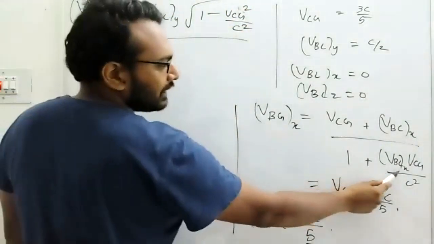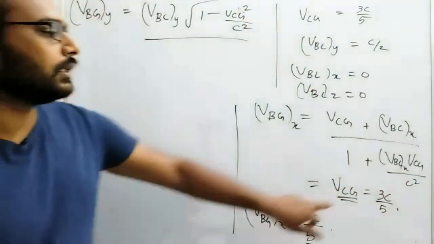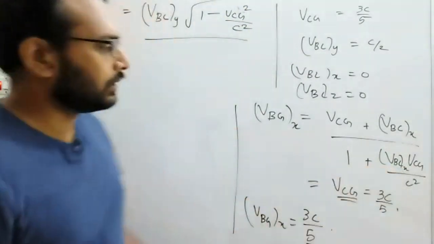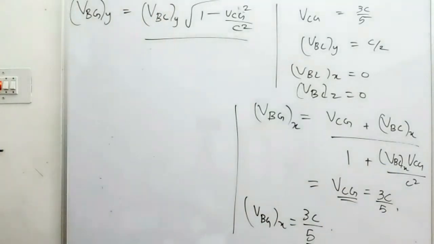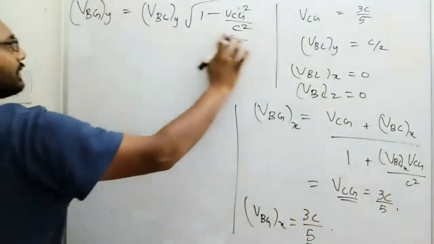In the velocity addition, the same factor comes up. Even though you are adding transverse velocities, the denominator is the same. And this term is 0, so this is 1. So this is just this.